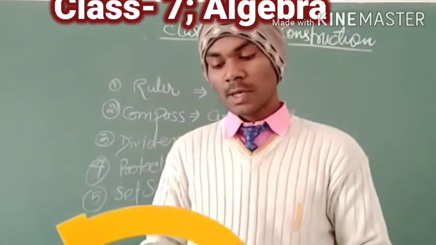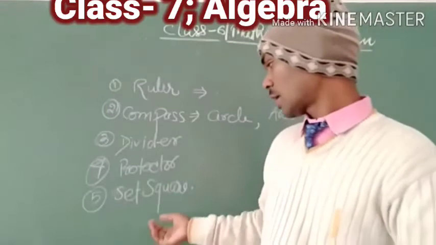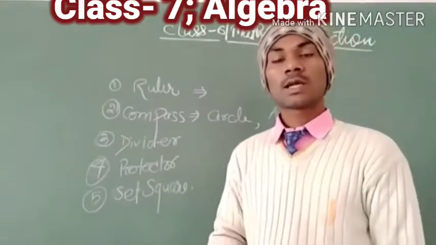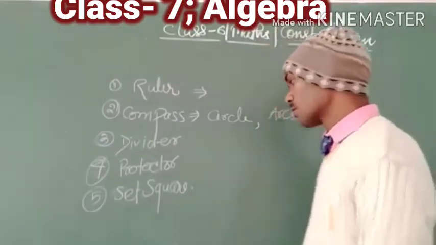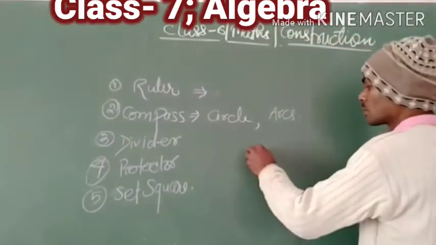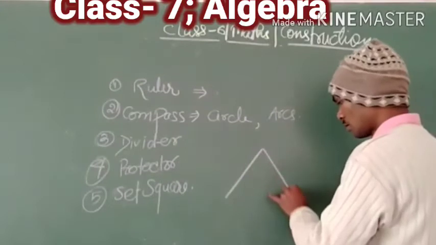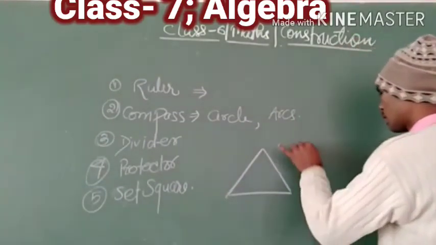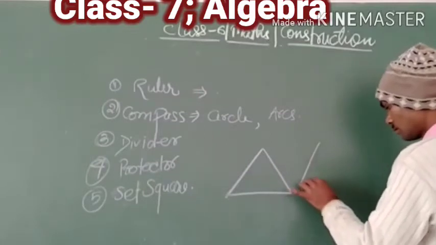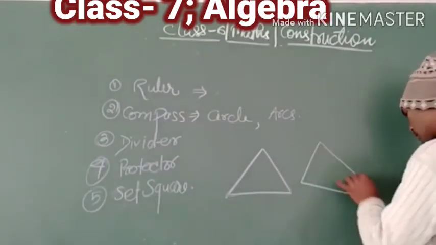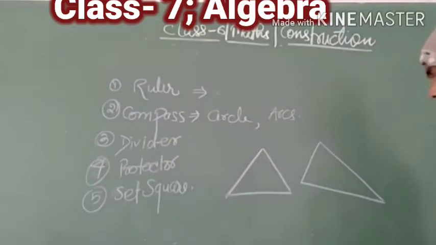Okay, and there is also the set square. A set square is also a metallic or plastic tool which looks like a triangle like this, and the other looks like this.